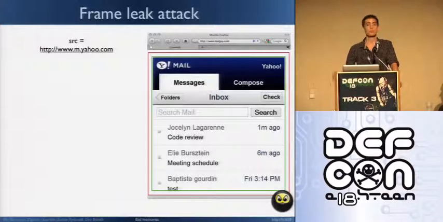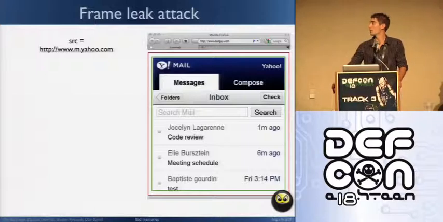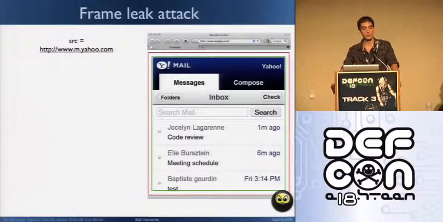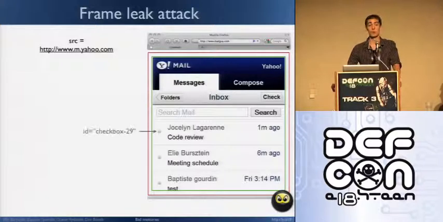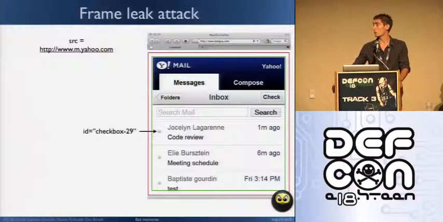This feature makes the page scroll automatically to a specific ID when it is added as a hashtag to a URL. So here, in this example, every email can be associated with a specific ID. For example, the first mail from Jocelyn is associated with the ID checkbox29. So if I add this ID in the URL, automatically the page will scroll.